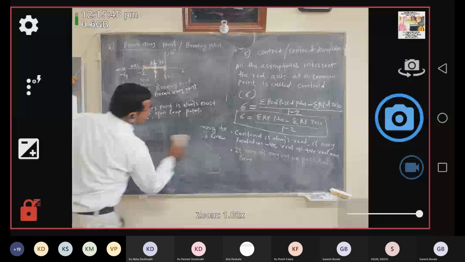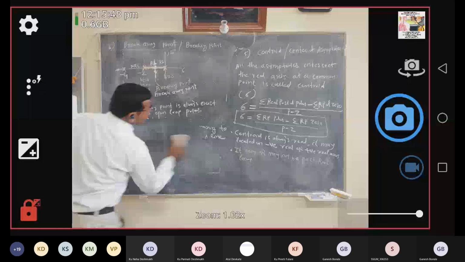Then the next step is the break in point. This point is exactly the opposite of the breakaway point. Let me give you an example of the break in point. Where is the existence of this break in point?